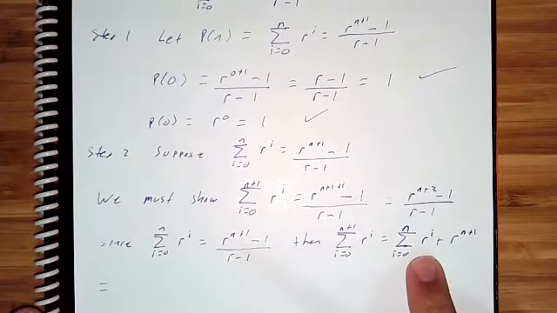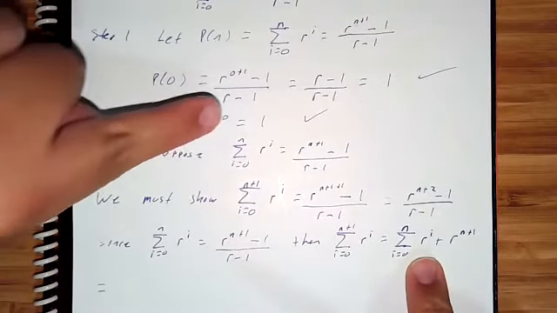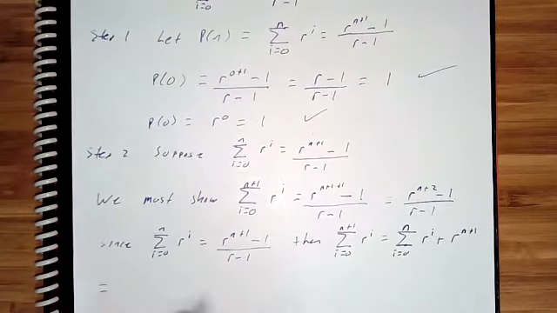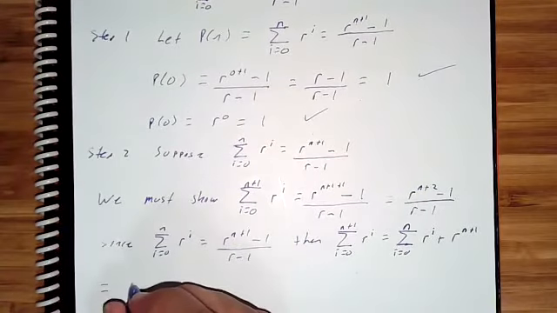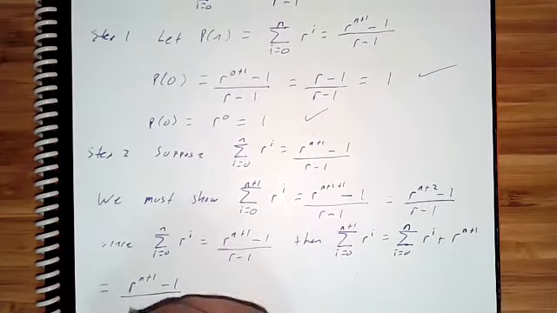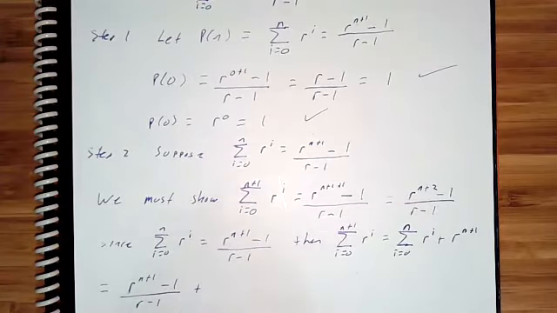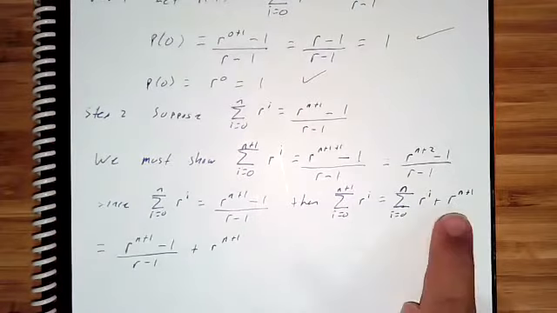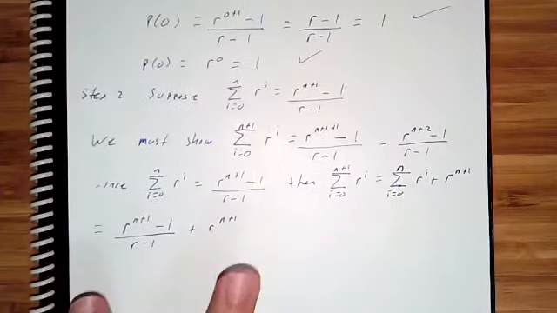So I'm going to plug this one in, the original, which is right here. Okay, so we're going to end up with R to the n plus 1 minus 1 over R minus 1 plus R to the n plus 1, right? So you're substituting this guy right there. And that's right here. Okay, so now combine these.